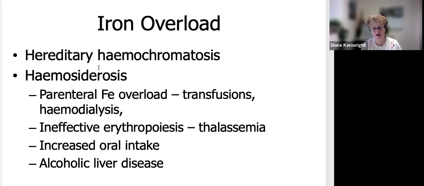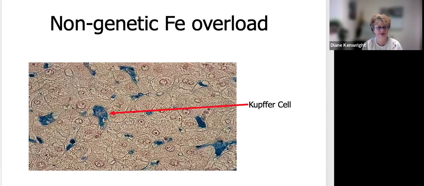And in hemosiderosis, there's just massive overload of intake, like transfusions, thalassemia because of ineffective hemopoiesis, and alcoholic liver disease, where people are drinking iron-containing beverages, brewed acidic brews in iron pots being the classic one.